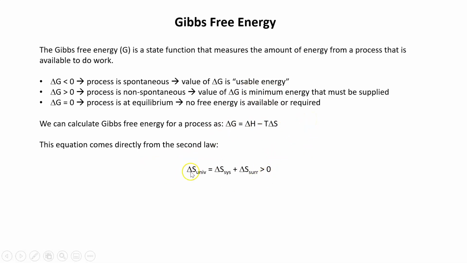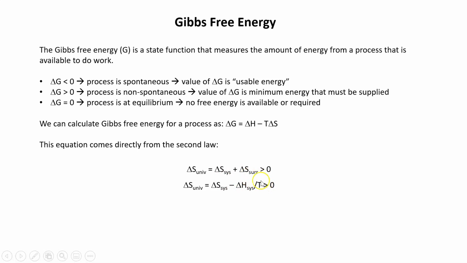So this is what we already talked about. This is literally what the second law says. And so now we replace the entropy change for the surroundings with the definition that we said before, that it's given by the enthalpy change of the system divided by the temperature of the surroundings.